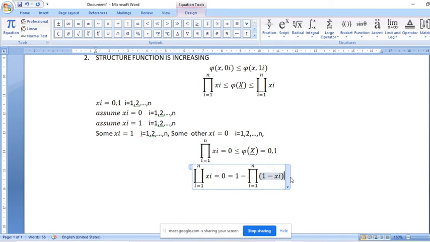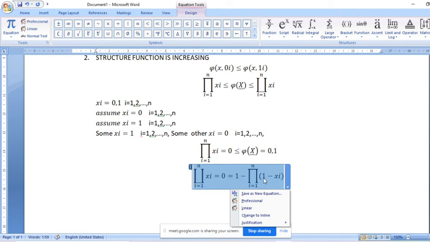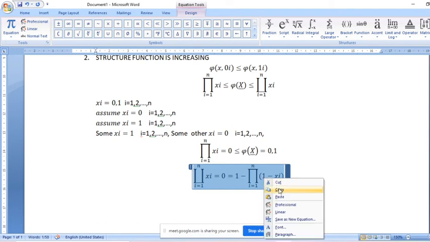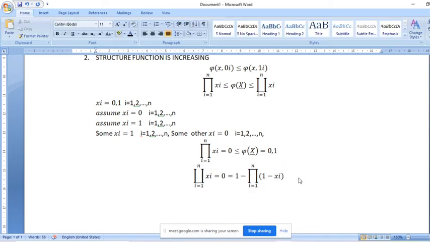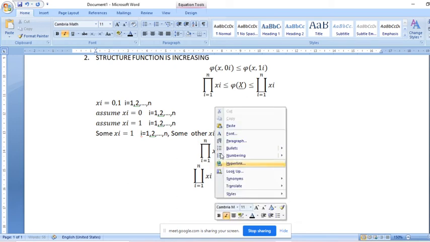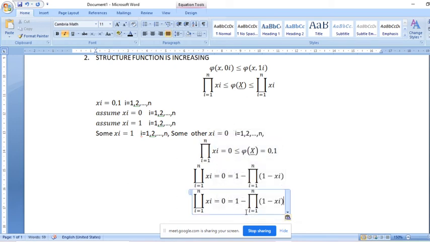So if this is equal to 0, we can ensure that the product is equal to 1. The product will be 1 if and only if all xi's are 0.